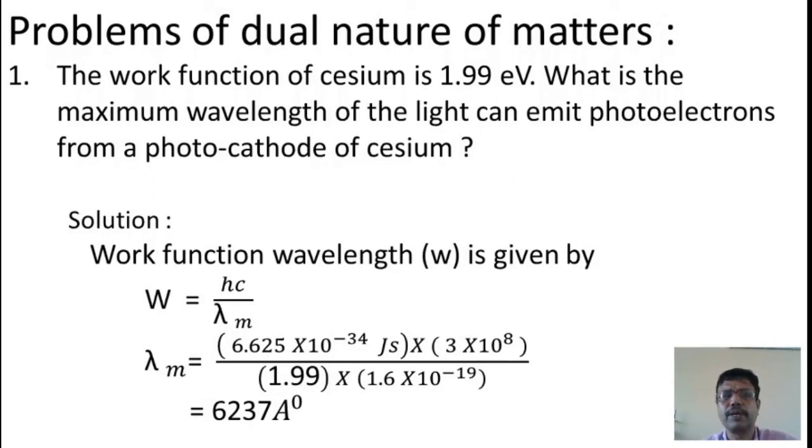Convert this into joule, × 1.6 × 10^-19. If we calculate this, the answer for this problem is 6237 angstrom. This is the problem on photoelectric effect. Photoelectric effect means when light of suitable frequency is incident on the cathode, photoelectrons are emitted immediately. This phenomenon is called photoelectric effect.